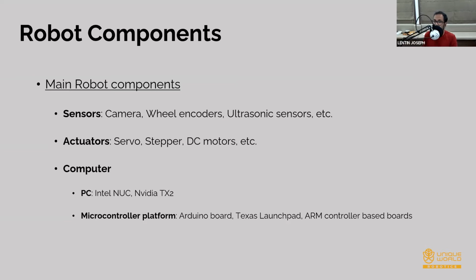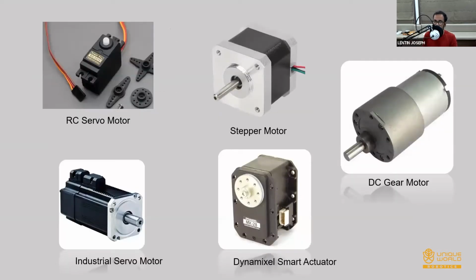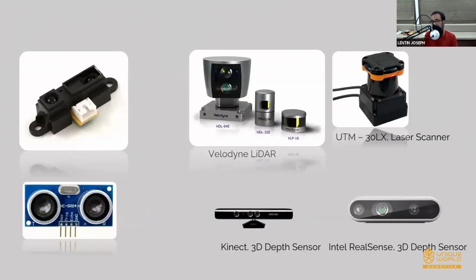Then ultrasonic sensors for obstacle detection and so on. Examples for actuators are RC servo, DC gear motors, and stepper motor. These are all examples of robotic actuators, and these are some of the sensors that we can use in the robot.